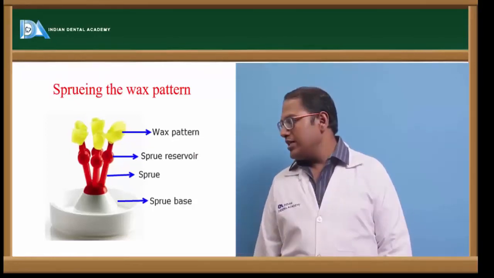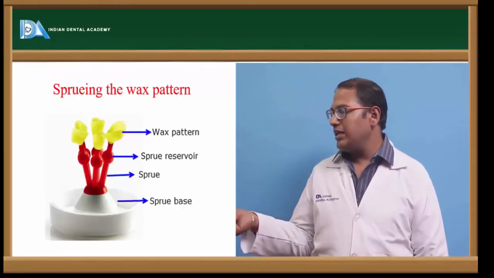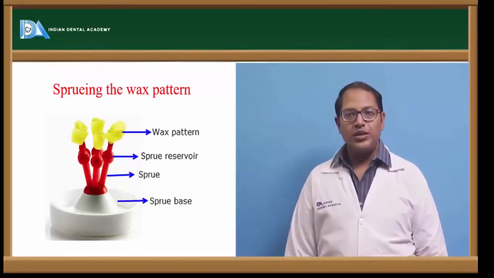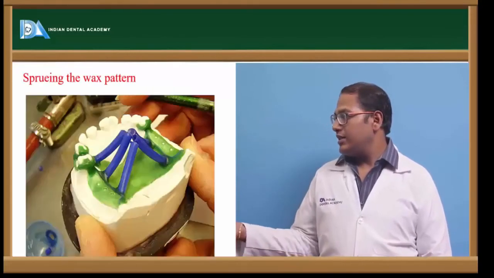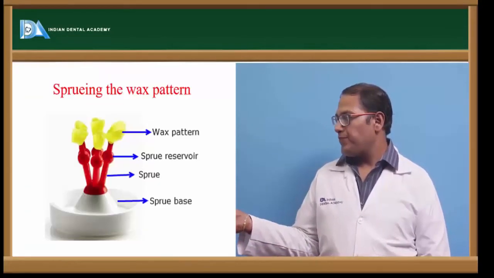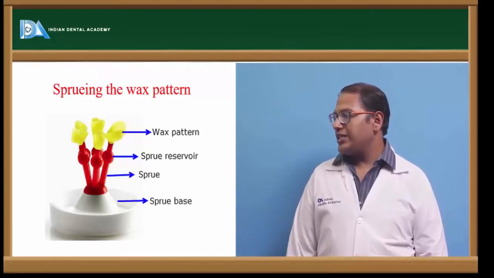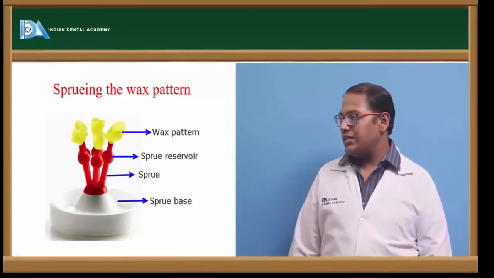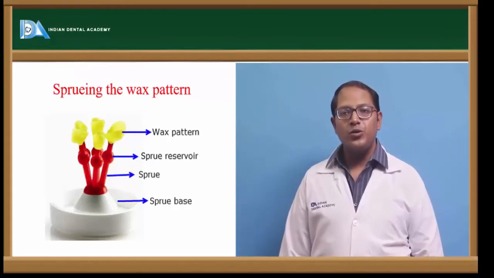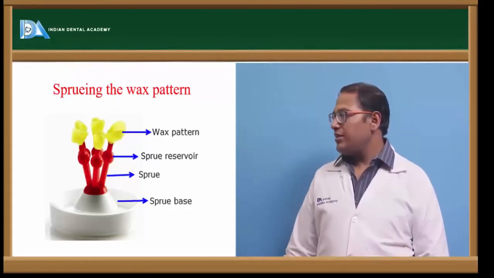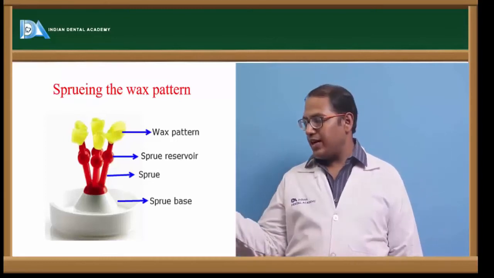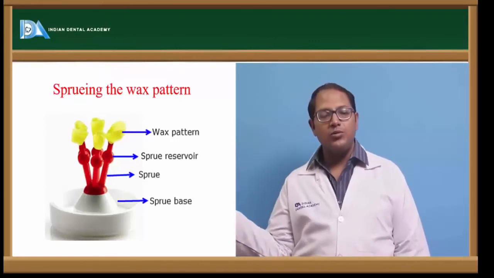Now sprue is nothing but those red colored long sticks that you can see. These are the sprues. The sprues are attached from the sprue base to the wax patterns. Now what is the use of a sprue? It's a channel through which the wax is going to get out by the burnout procedure.